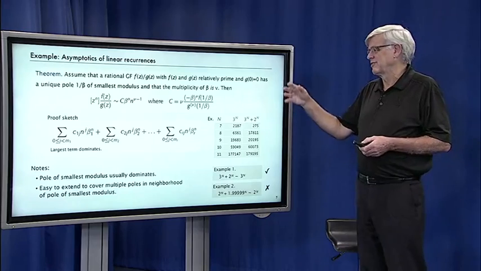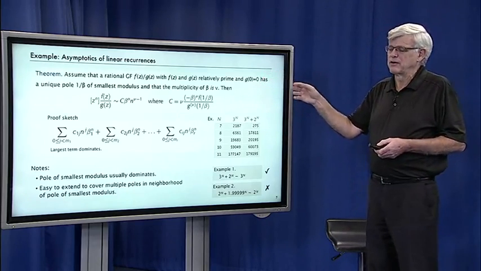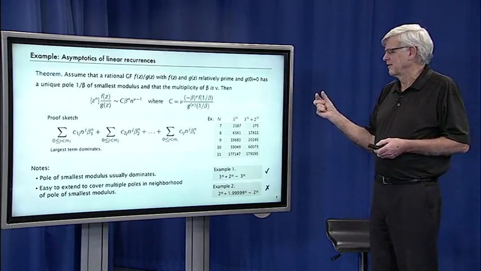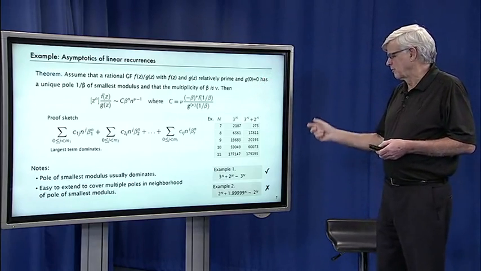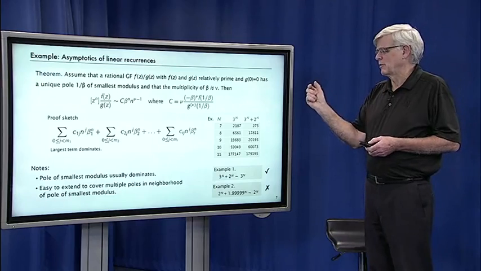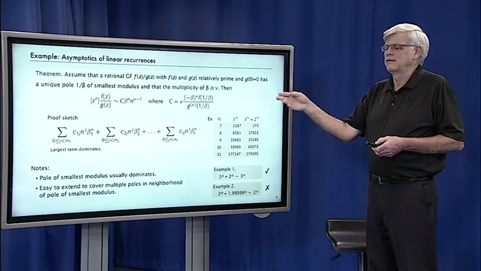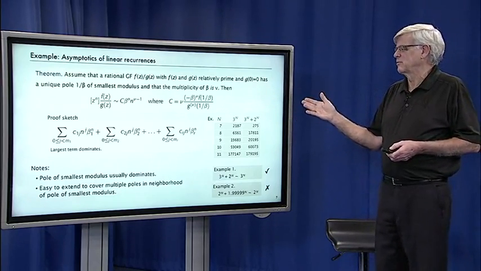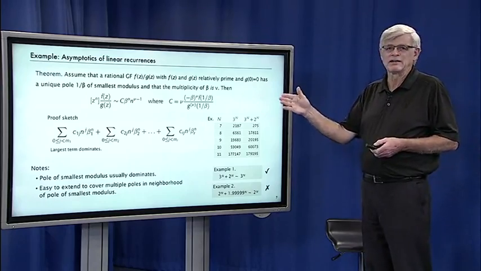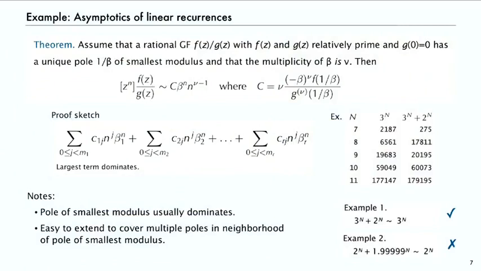Now there are situations, depending on what these polynomials are, where the poles are close together or multiple poles are very close to the one of smaller modulus. In those kinds of cases, we have to figure out how to extract the leading terms. But still, it's very important to realize that we don't need to carry around the small ones.